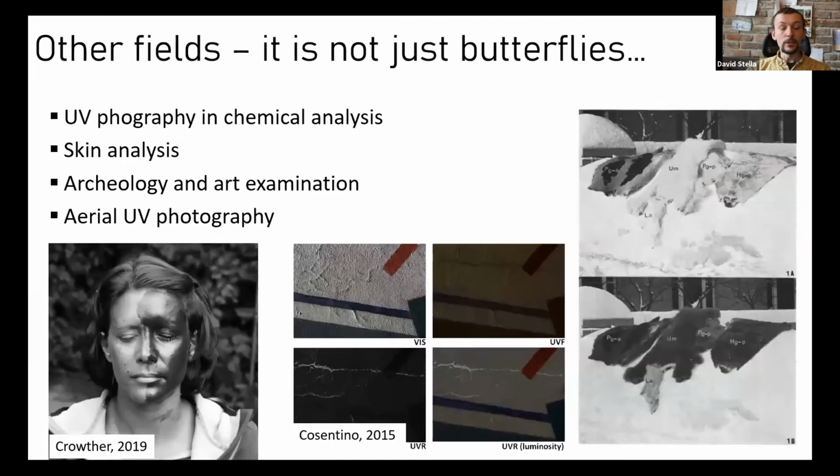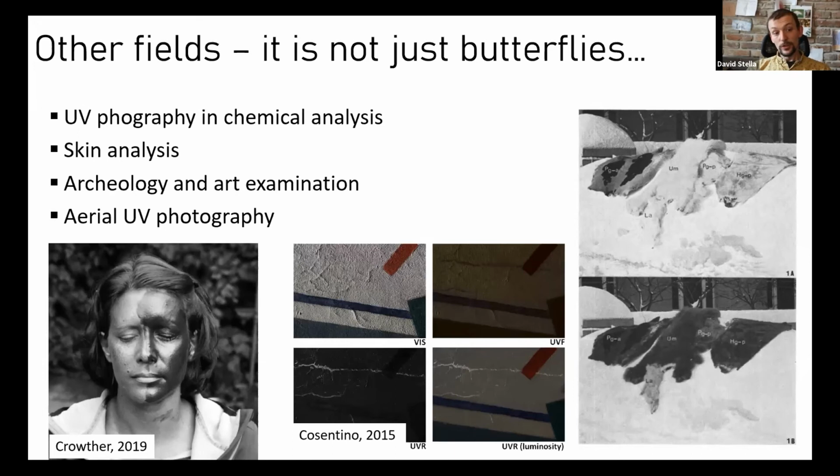Finally, UV photography is not just about butterflies. Don't be scared. UV photography is also used in chemical analysis and skin analysis. This is a recent paper from Krautwert. Last year, he published a paper on UV image analysis of skin.